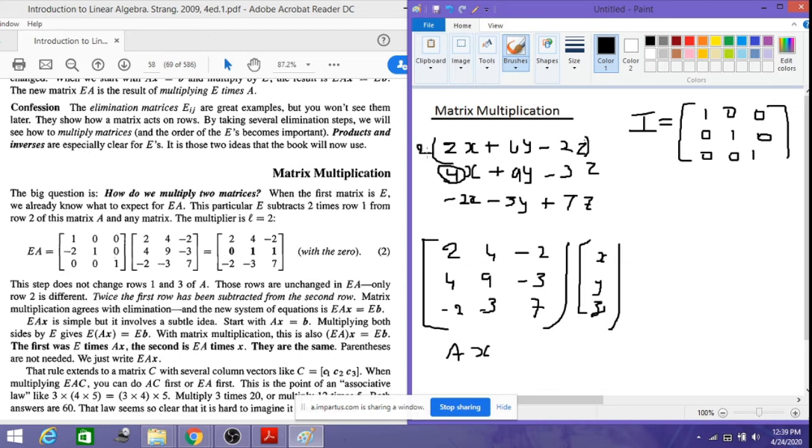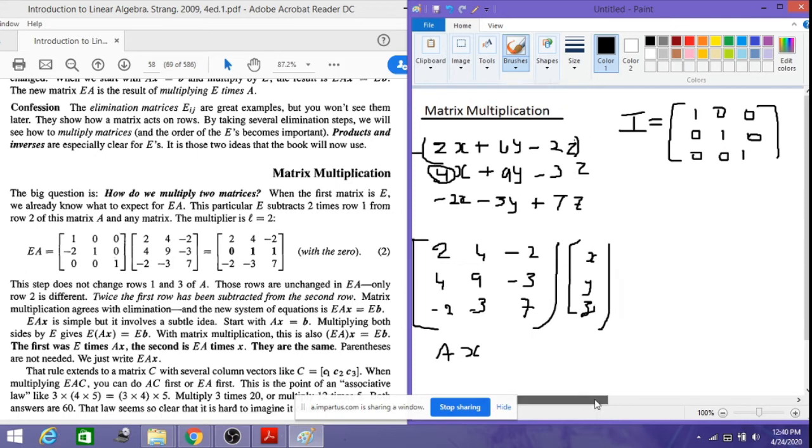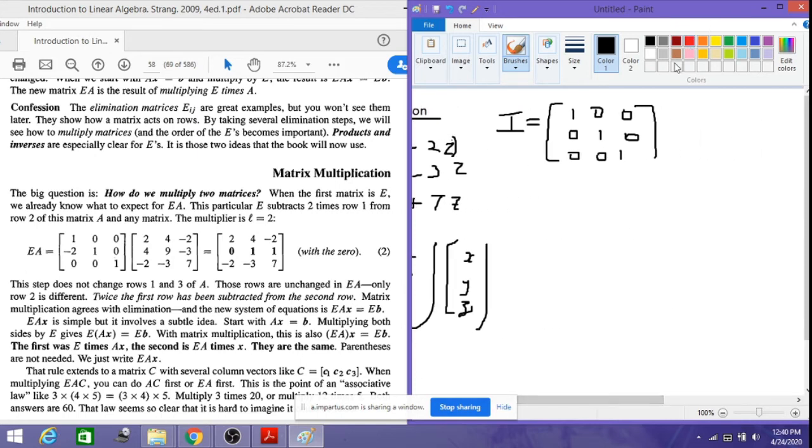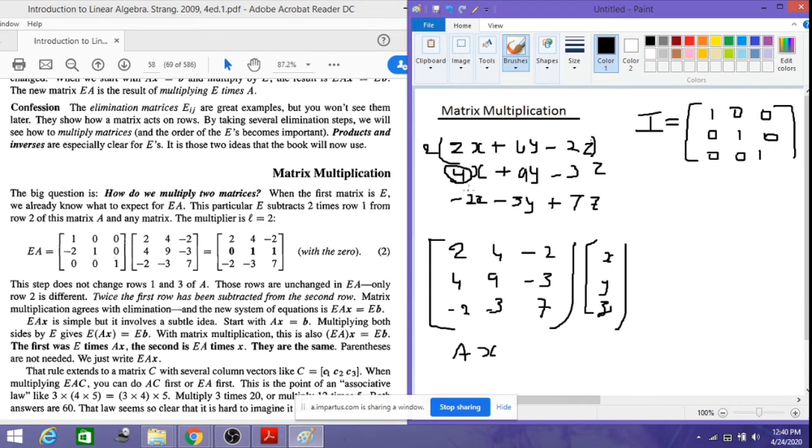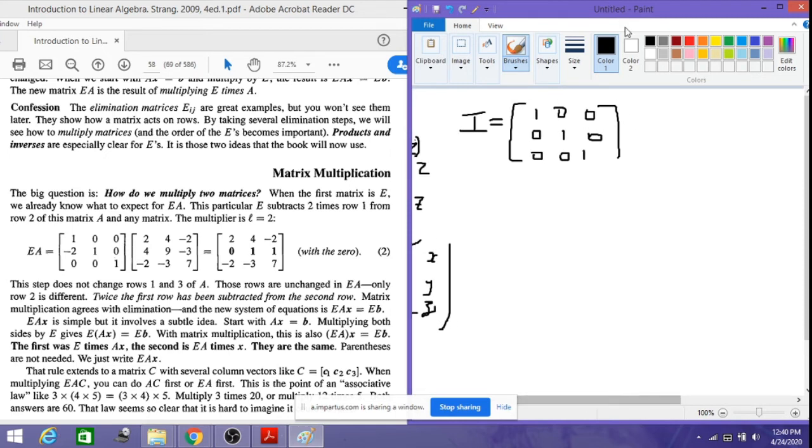Since I have to take out this term here, in the identity matrix I have to replace this term from 0 to that multiplier.